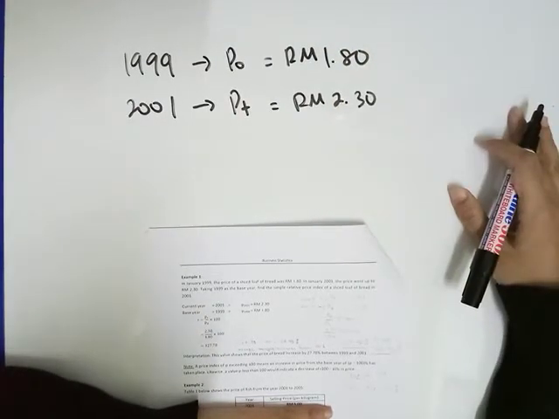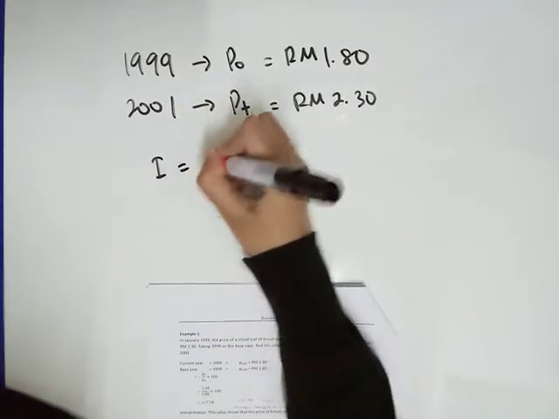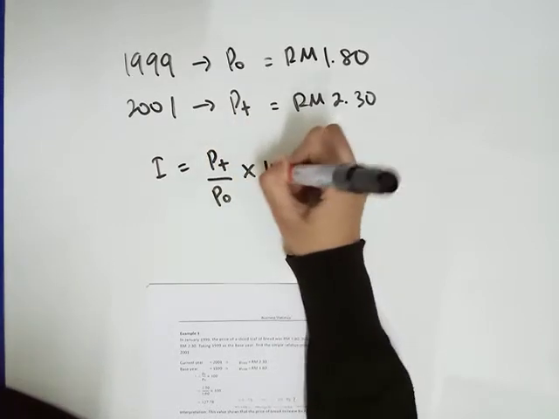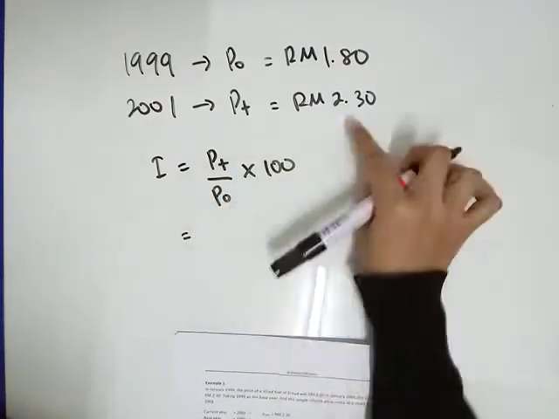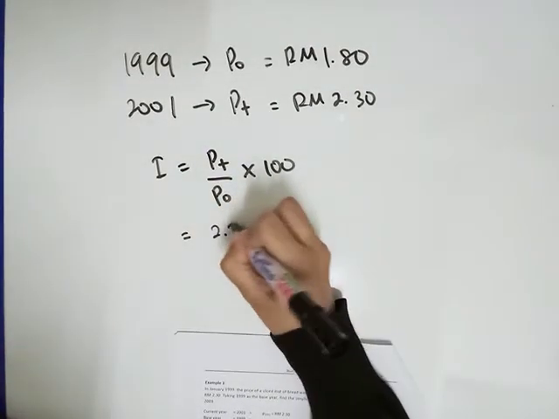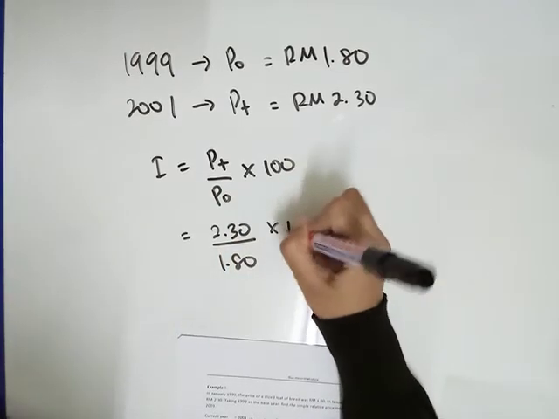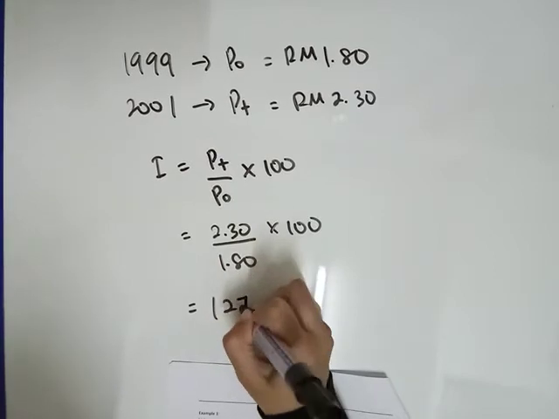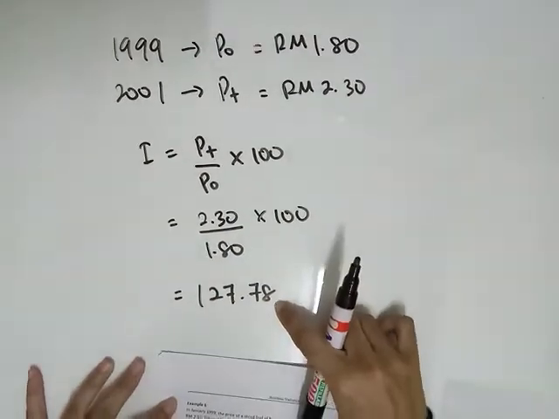So we need to find the simple relative price index by using the formula I equals Pt divided by P naught multiplied by 100. So 2.3 divided by 1.8 times 100. Then the answer would be 127.78.